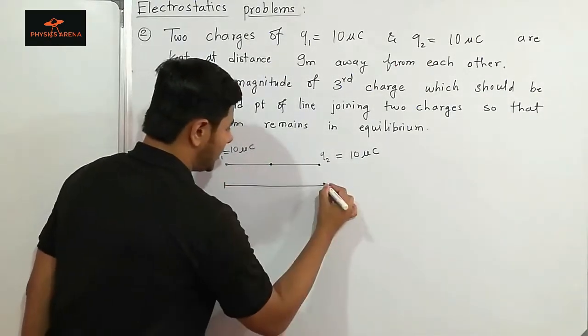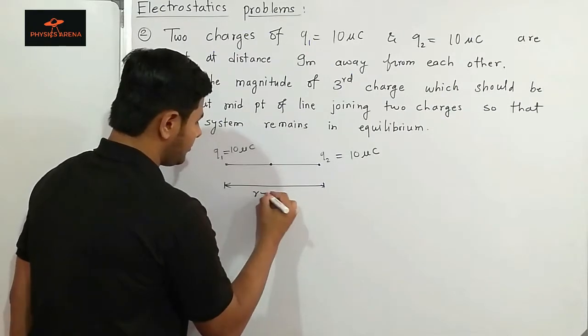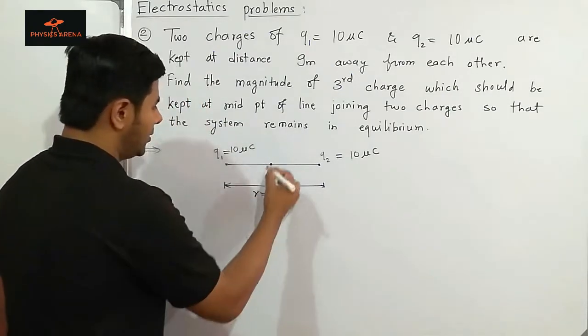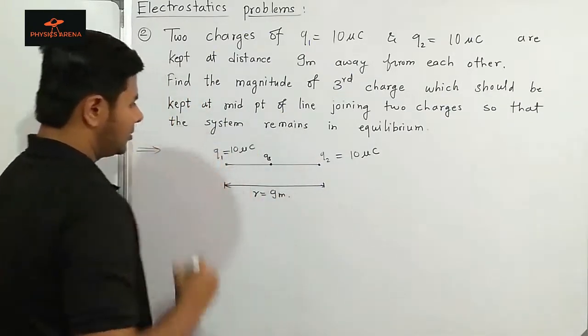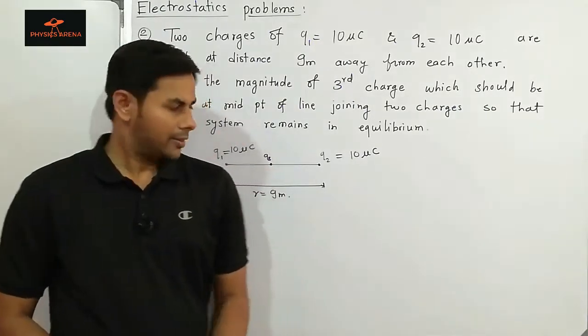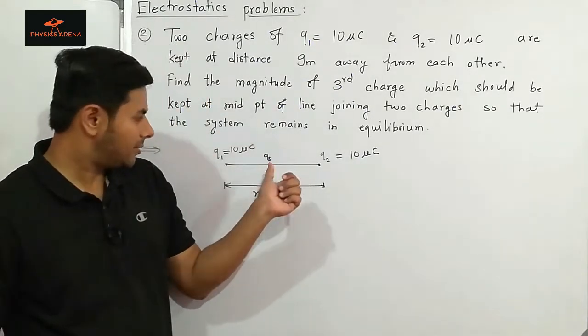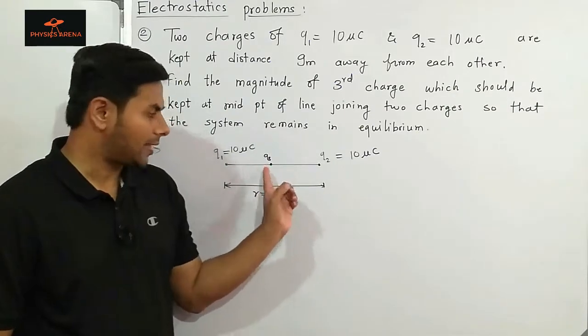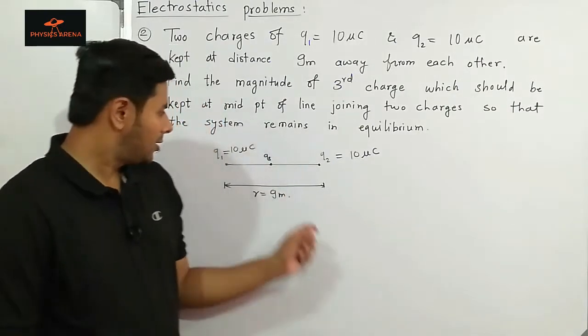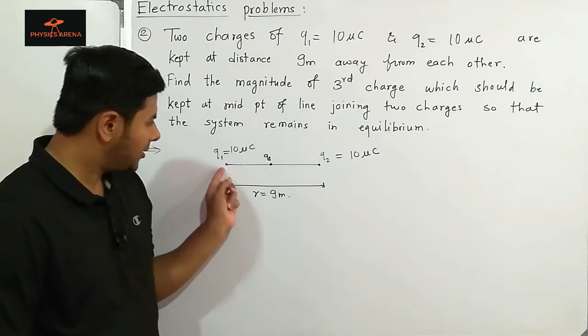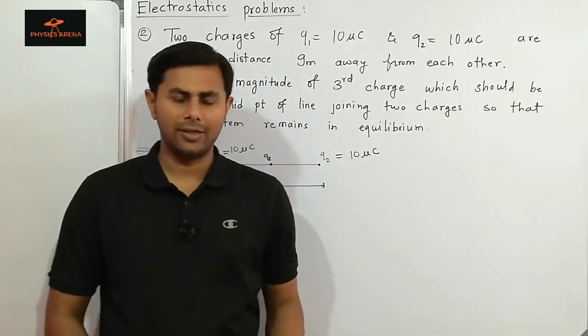So this distance is r equals 9 meters, and we have to find the magnitude and also the sign of this charge, which should be kept here so that this system remains in equilibrium.